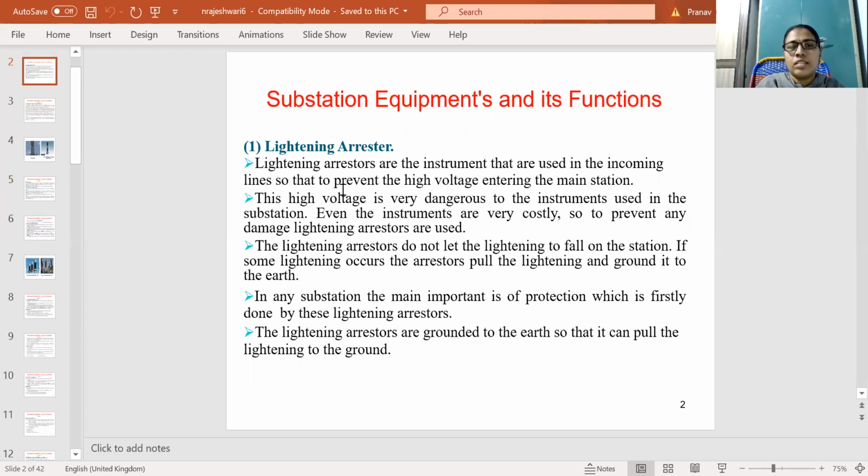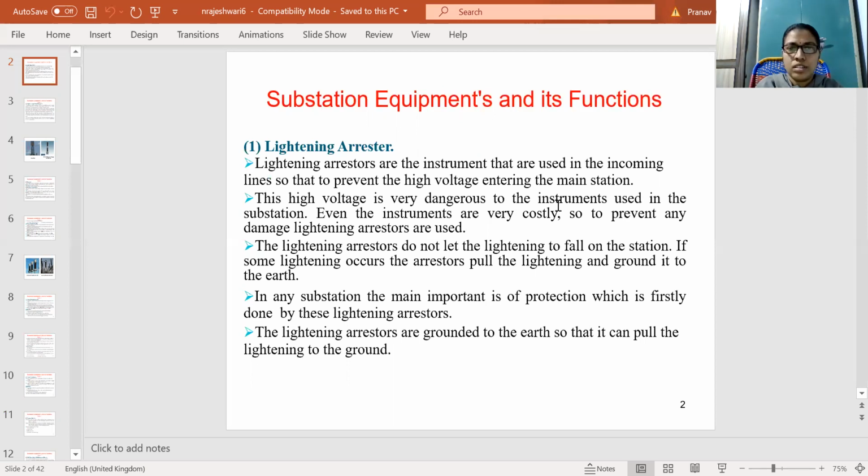The lightning arresters are used on incoming lines to prevent high voltage from entering the main station. This high voltage is very dangerous to the instruments used in the substation. The instruments are very costly, so to prevent any damage, lightning arresters are used.